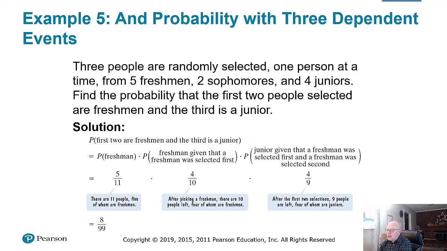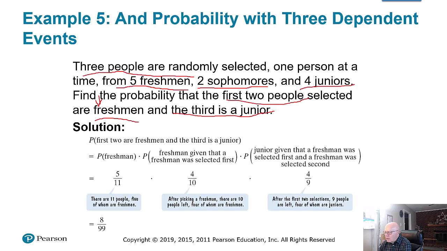On to another example. We're picking 3 people at random, 1 person at a time, and you've got 5 freshmen, 2 sophomores, 4 juniors. We want the probability that the first 2 people selected are freshmen and the third is a junior. First of all, figure out this one.